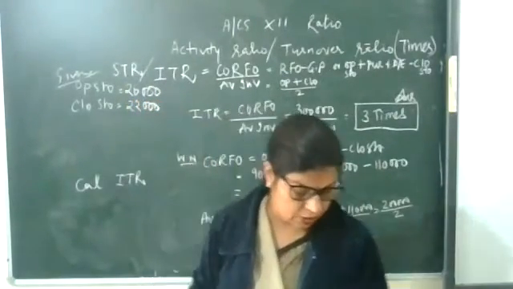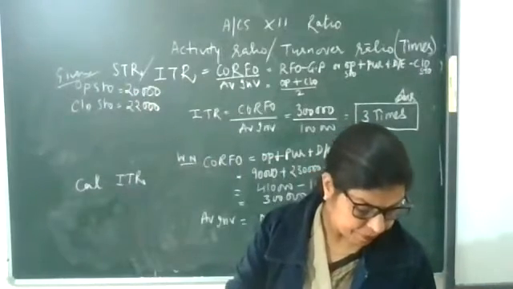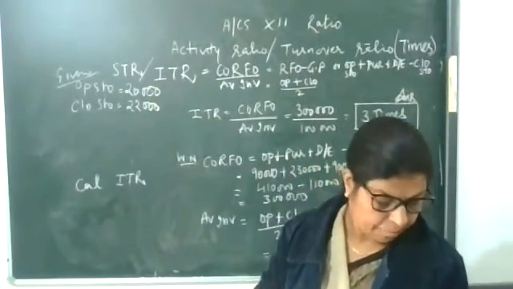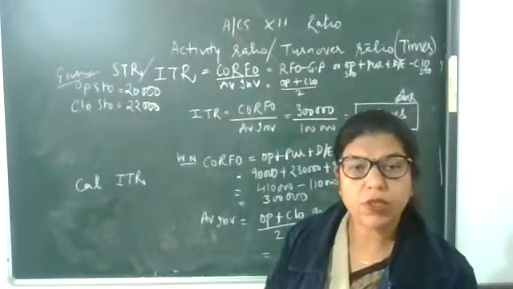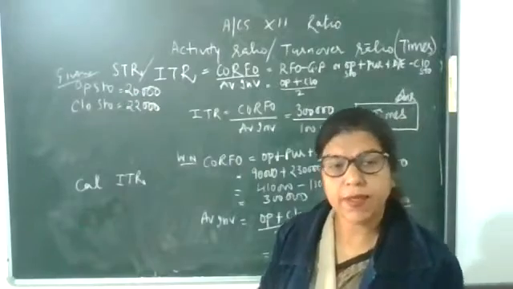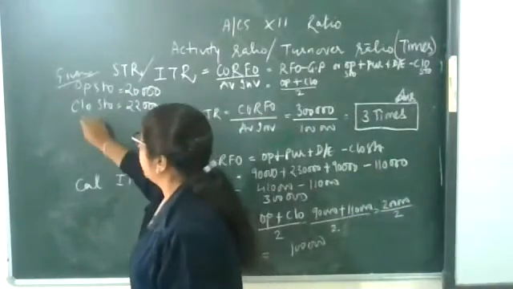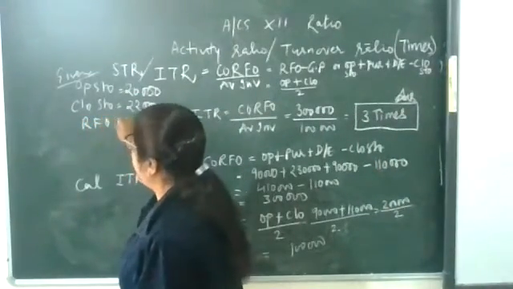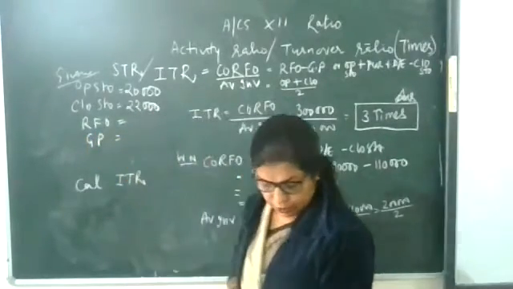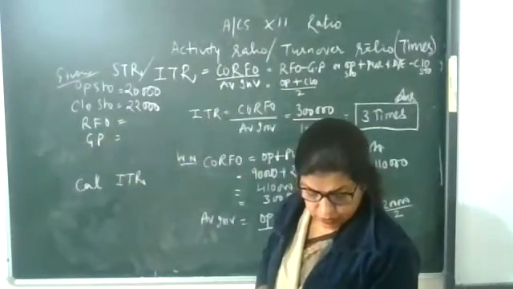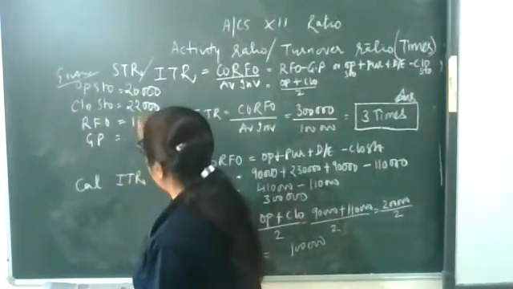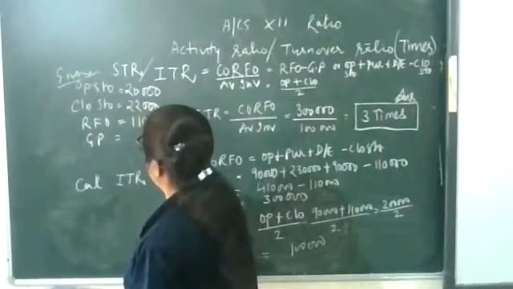This is the second question. In this question, sales, that is RFO, is given as well as GP also given. RFO is 1,10,000.